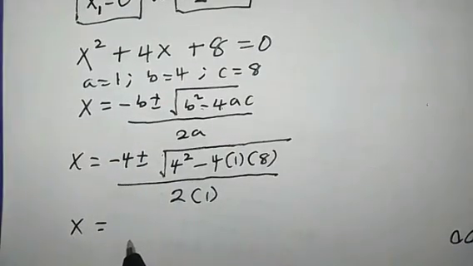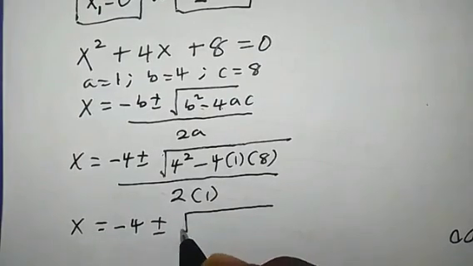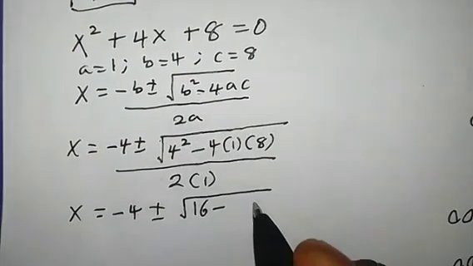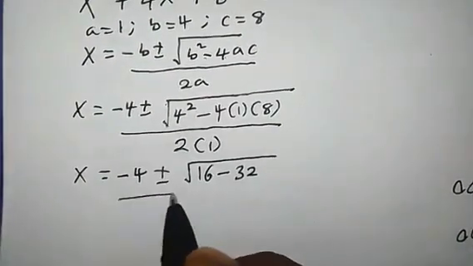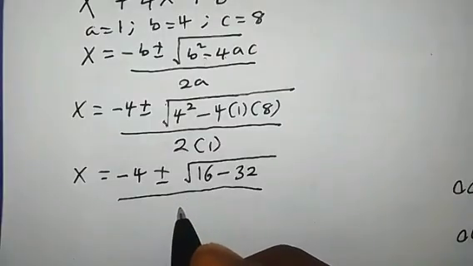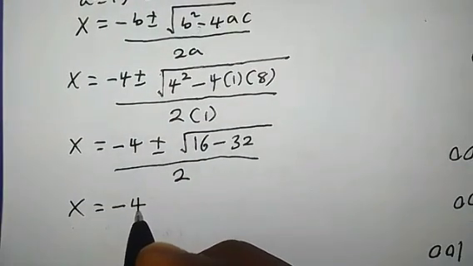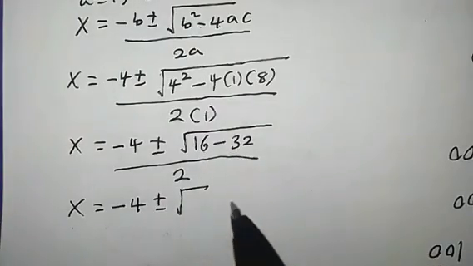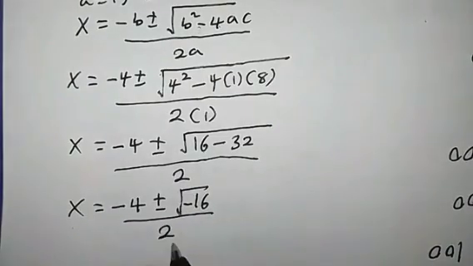So x is equal to minus 4 plus or minus square root of 4 squared, that is 16, minus 4 times 1 times 8, that is 32. Everything divided by 2 times 1, that is simply 2. x equal to negative 4 plus or minus square root of 16 minus 32, that is negative 16, divided by 2.